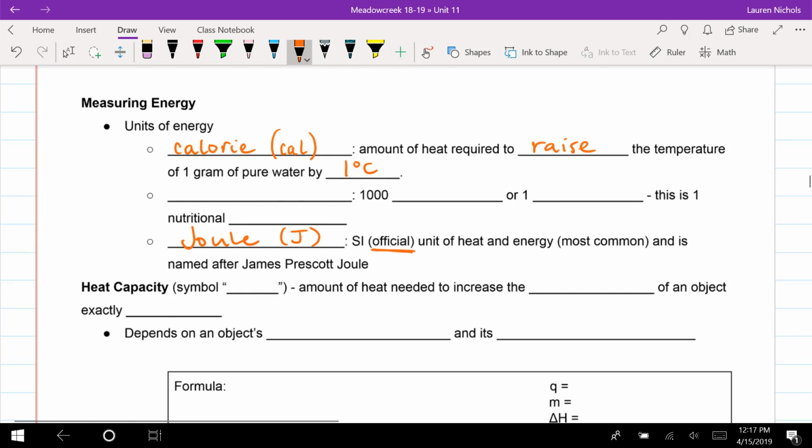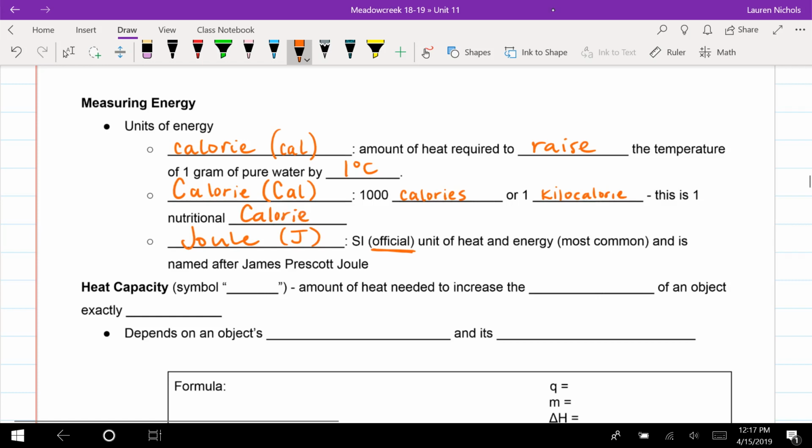Now there's another type of calorie, a capital C Calorie, which again is abbreviated as capital CAL, and it's equal to 1,000 small c calories, or 1 kilocalorie is another way that we say it. And this is 1 nutritional Calorie.